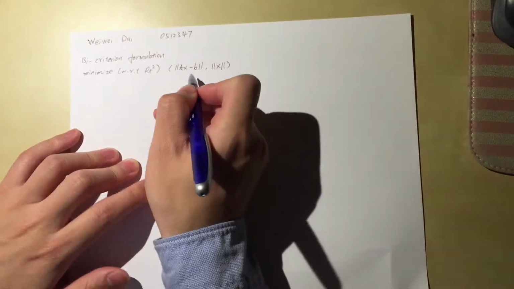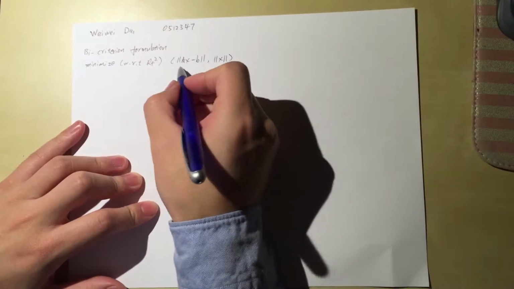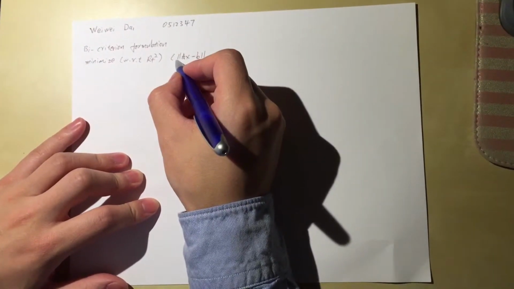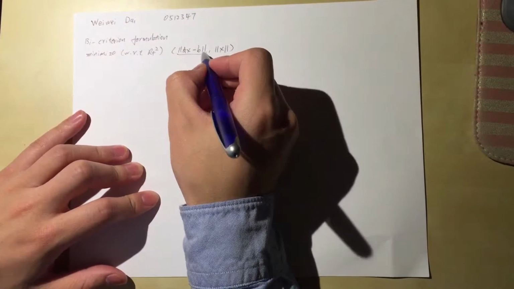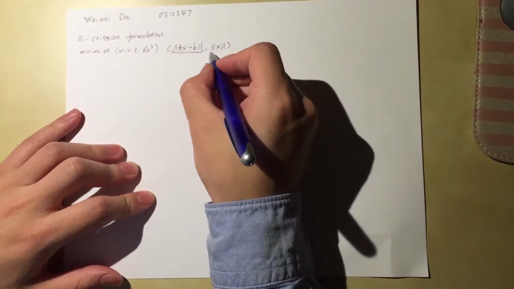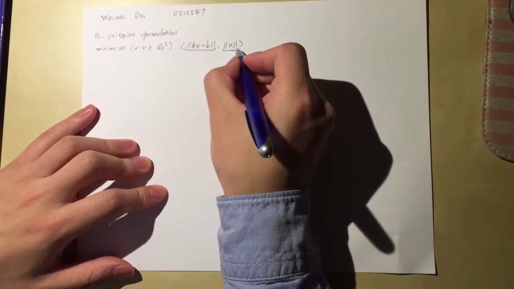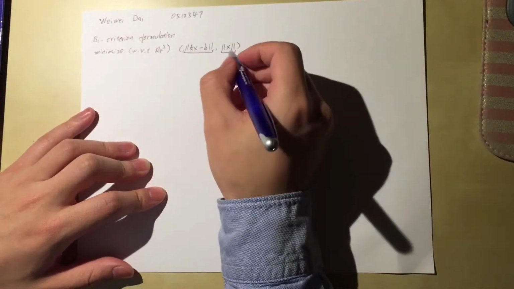In this example, we want to minimize two terms. One term we can call the data fidelity term, which is Ax minus b, and the other term is about our prior knowledge of the data itself.